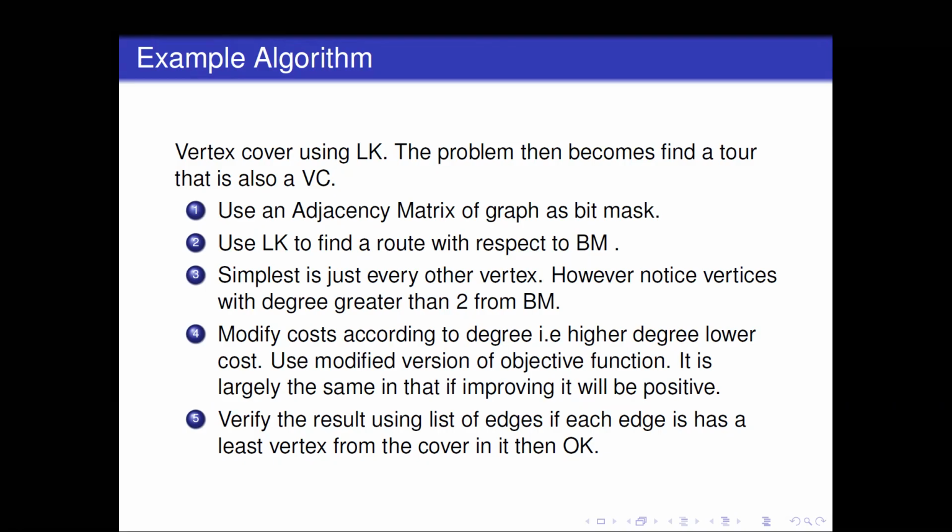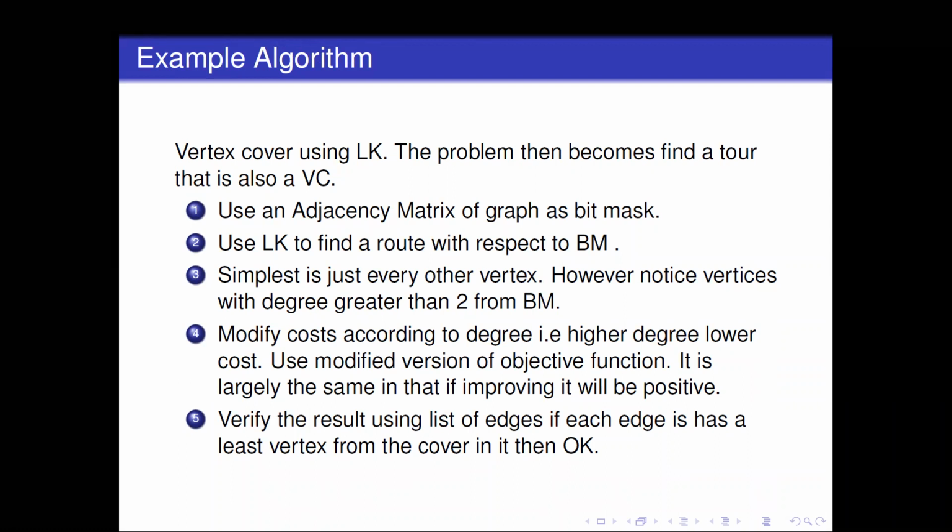So what we can do is we can take every edge, and we can choose the vertex which has got the greatest degree, and then you can do 1 over the degree, and that will give a cost value to the edge, and then you can use that with the objective function of Lin-Kernighan, and that will tend to find those vertices which have got higher degree, which are going to be the ones which are going to be the most useful in any vertex cover anyway.